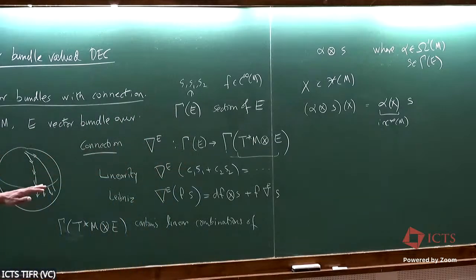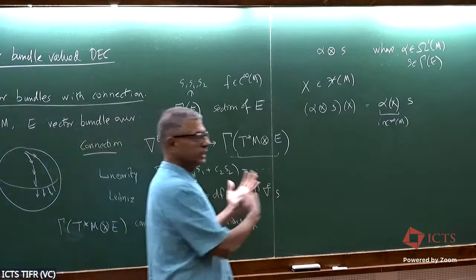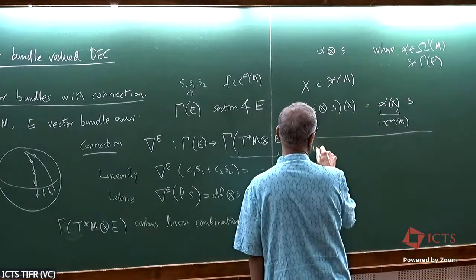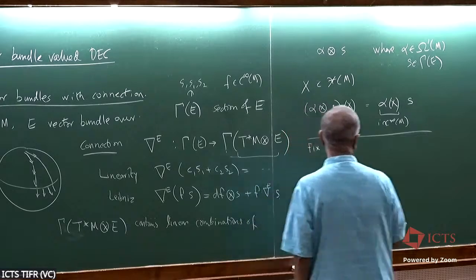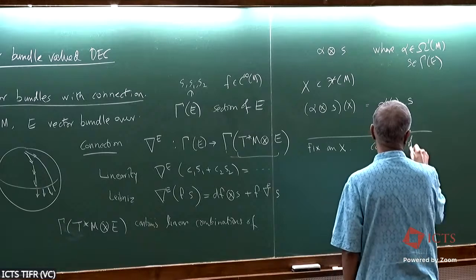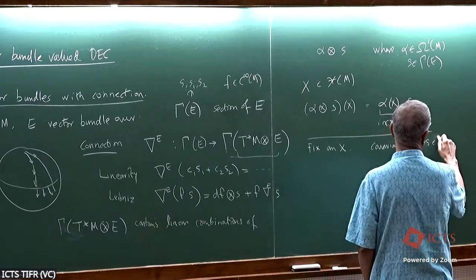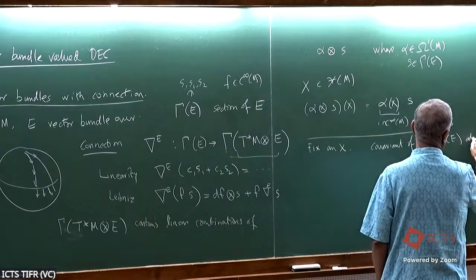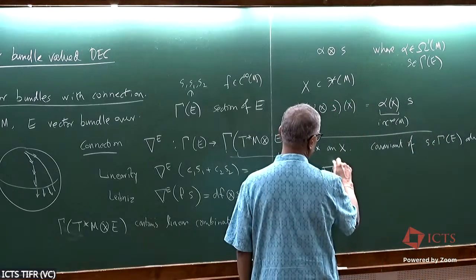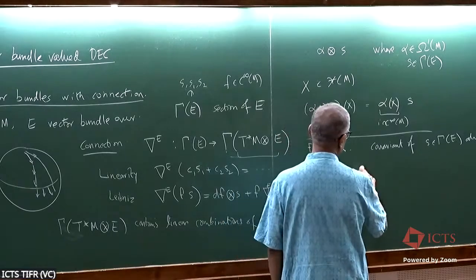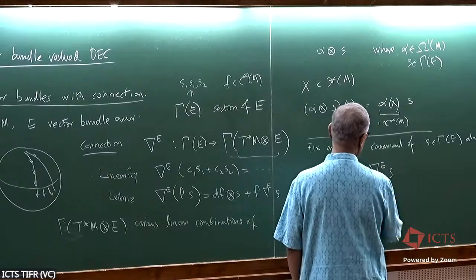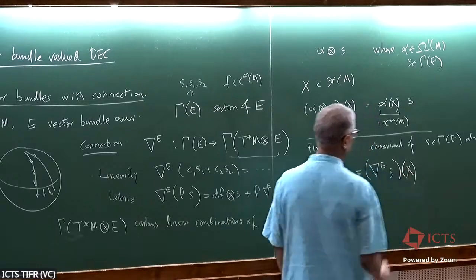So the covariant derivative has the same data. If you fix an X, then the covariant derivative of some section S along X is just, so we'll write it like this, do this and feed it that.